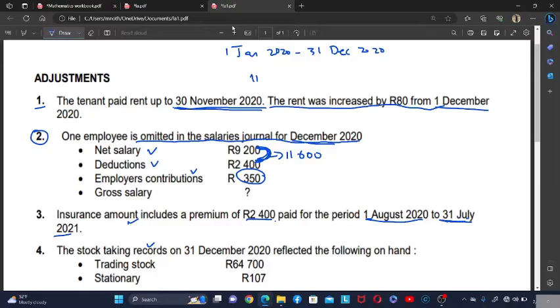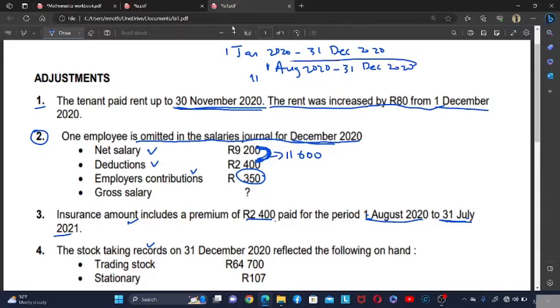So there's an amount of insurance that does not belong in our year, and we must go and take it out. Okay, so it was paid for the period of 1 August 2020 to 31 July 2021. So from 1 August 2020 to 31 December 2020.